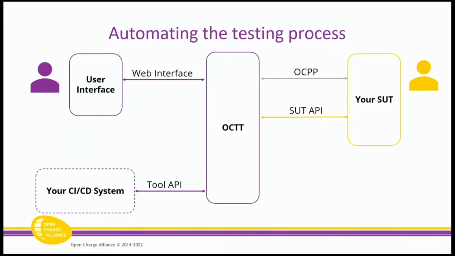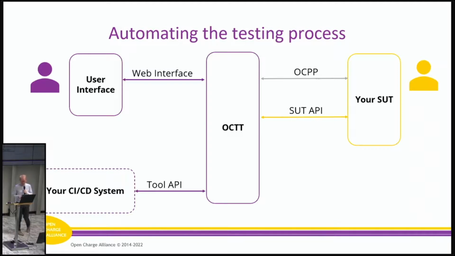And there's a system under test API, which you implement as a very thin HTTP REST layer around your system under test, which can emulate things like someone swiped a card or someone plugged in a cable, or if you're building a CSMS, to trigger certain messages or things like that. If you use these, then you can fully automatically run these test cases reproducibly and somewhere in a hosted environment.